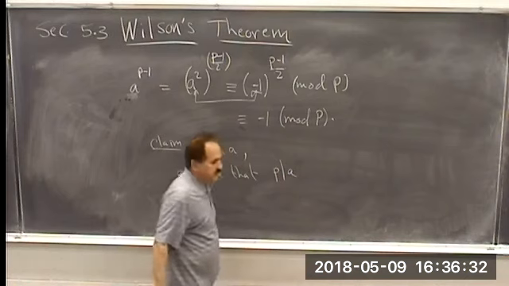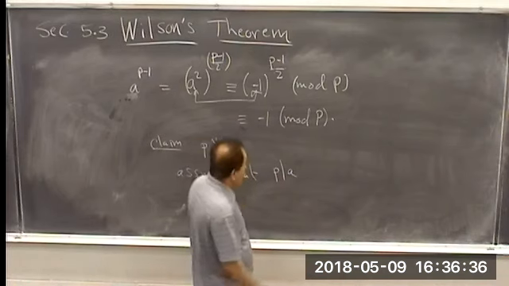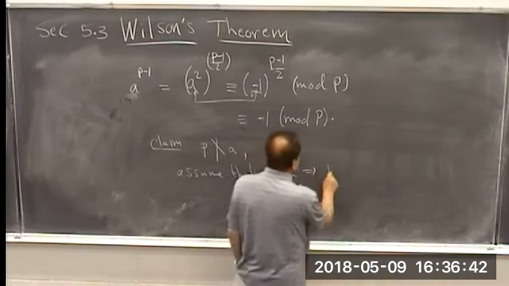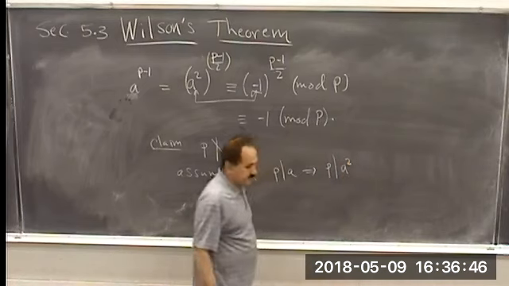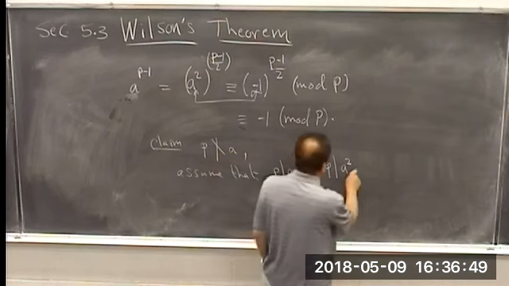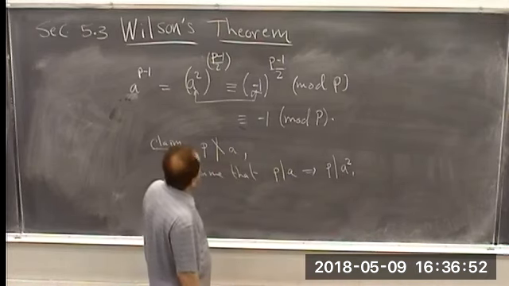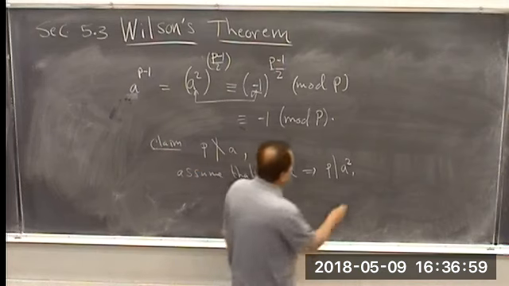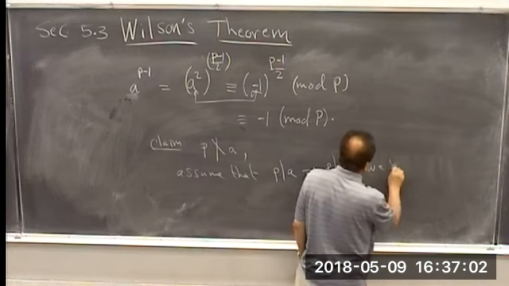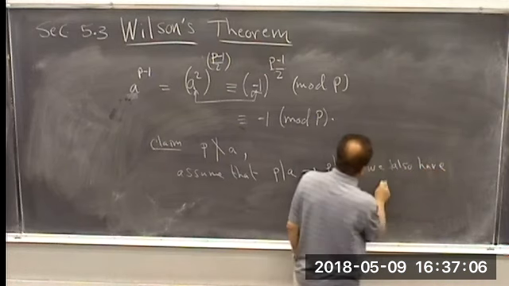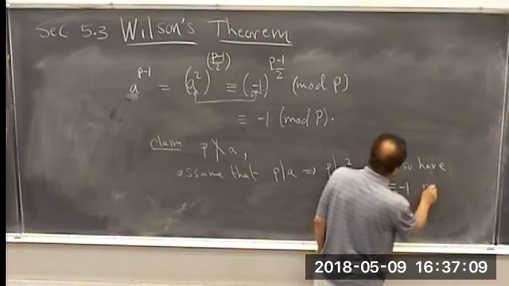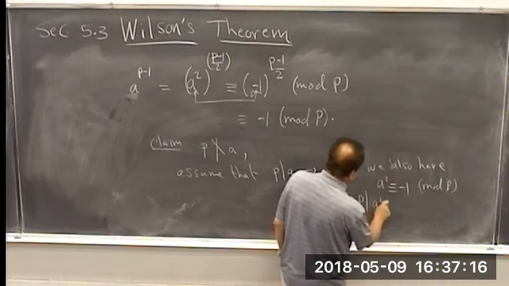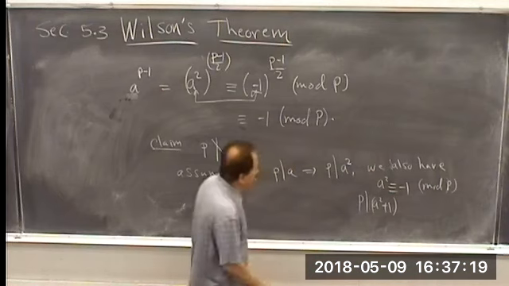P divides a. Then what does this imply? This implies that P definitely is going to divide a squared, and we also have a squared is congruent to -1 mod P, which makes P divide a squared plus 1. All right, let's put these together.